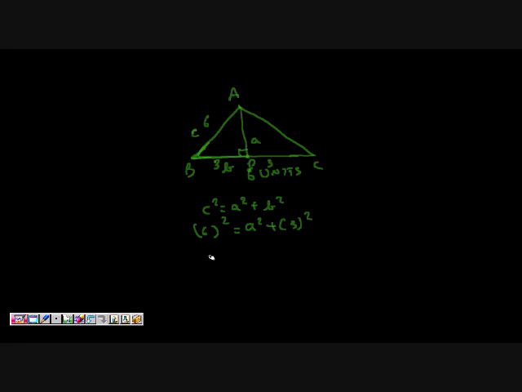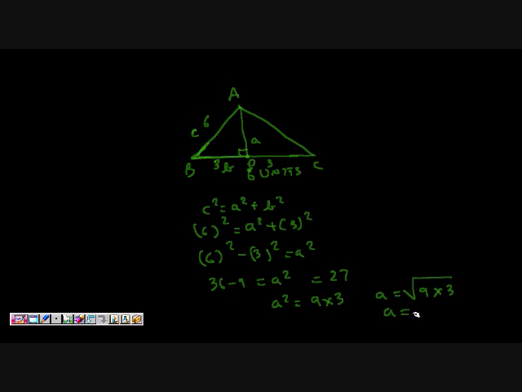So 6 square minus 3 square is equal to A square. That's 36 minus 9, which is A square equal to 27. So A square is 9 multiplied by 3, or A is equal to the square root of 9 multiplied by 3, or A is equal to 3 root 3.